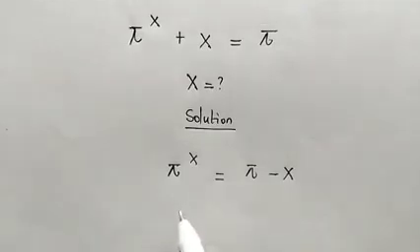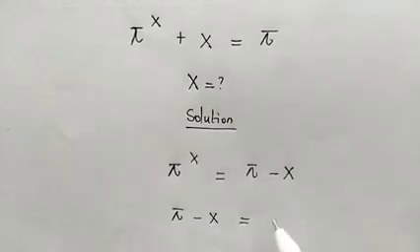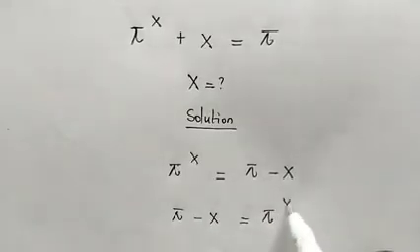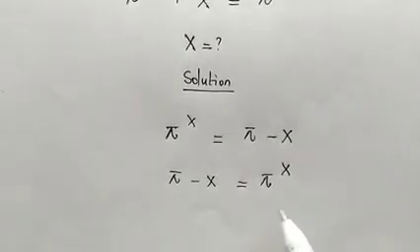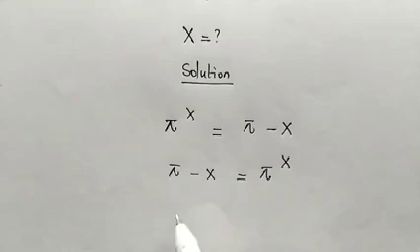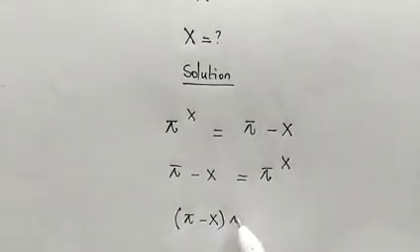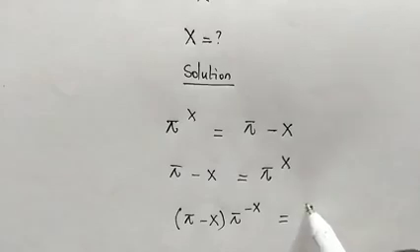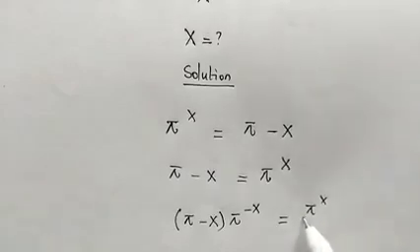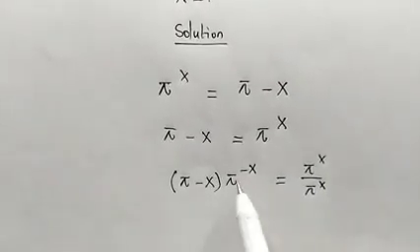So this equation we can as well write it as from the right hand side, pi minus x is also equal to pi raised to the power of x. Next, let's divide both sides by pi to the power of x. So we get pi minus x multiplied by pi raised to the power of negative x. This is equal to pi raised to the power of x divided by pi raised to the power of x. So the question here is, why pi raised to the power of negative x?